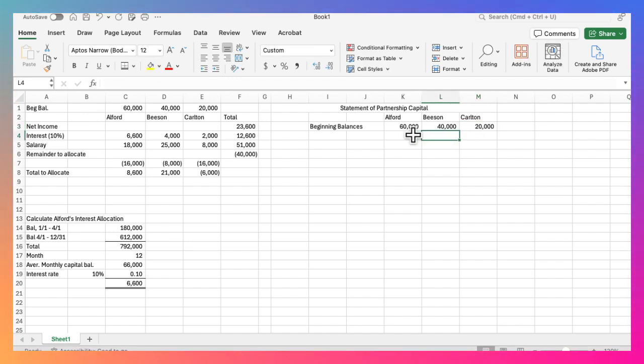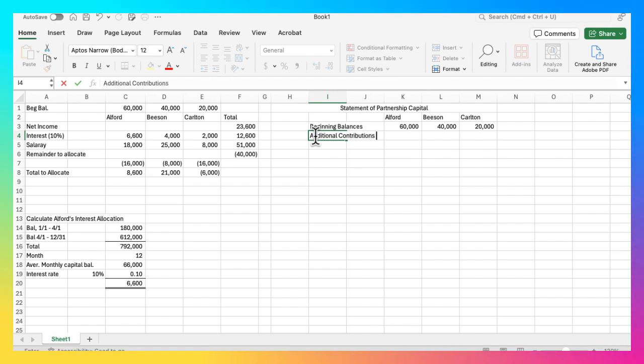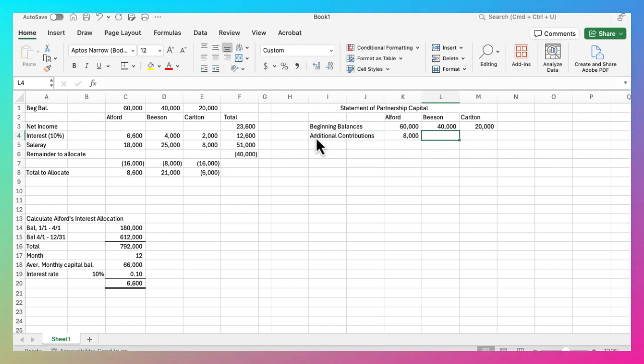Okay. Then we need to factor in any additional contributions. Well, we knew Alfred put in 8 grand. We knew Benson didn't put any in. We knew Carlton didn't put any in either. I also want to create a totals column here.